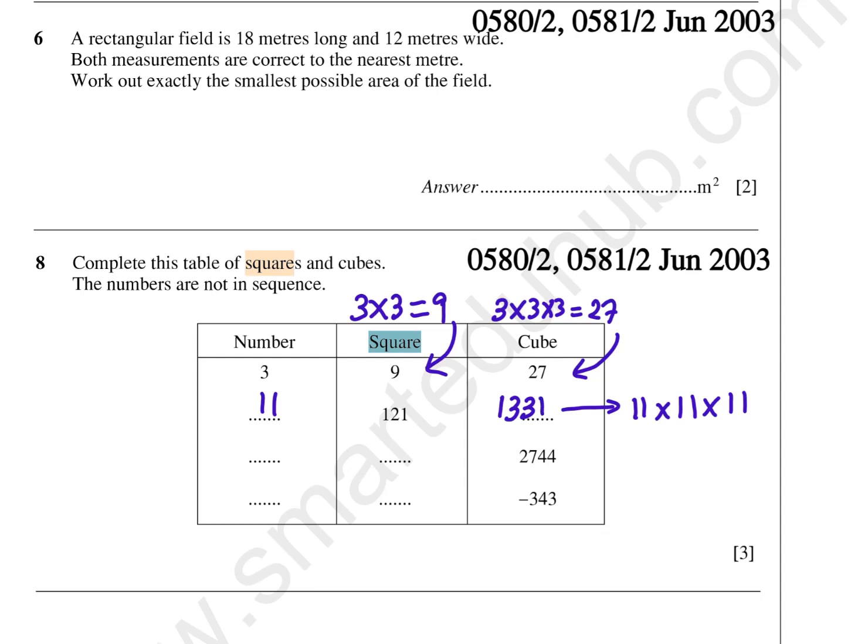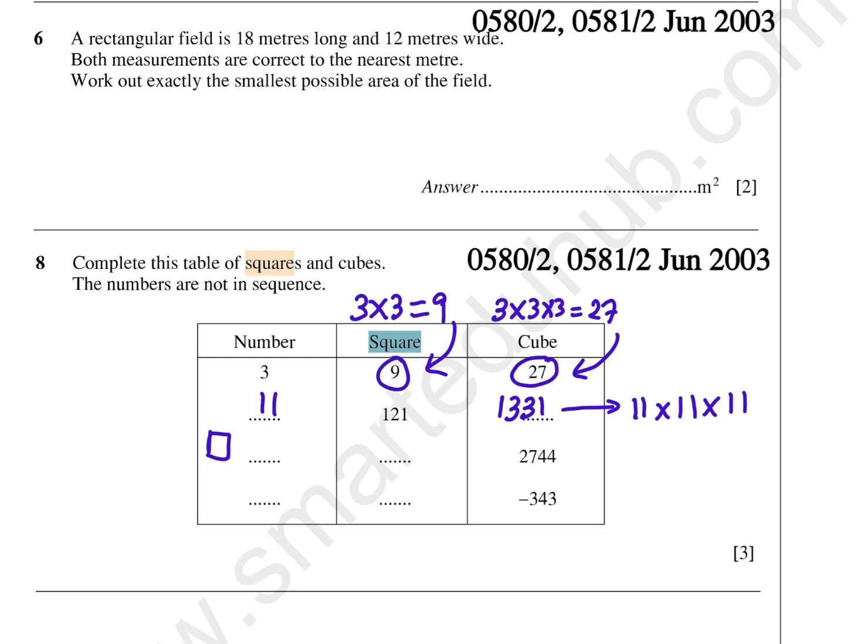Also observe that if you only had 27 and you had to find this 9, how would you find it? You would have found out the cube root of 27 to get the number and then squared it. So if I want to find out this number here, I need to find the cube root of 2744.